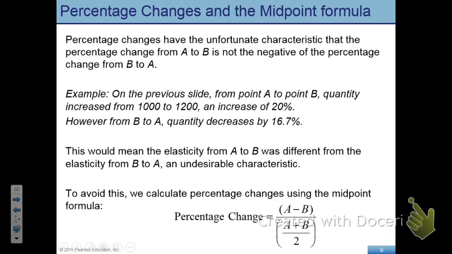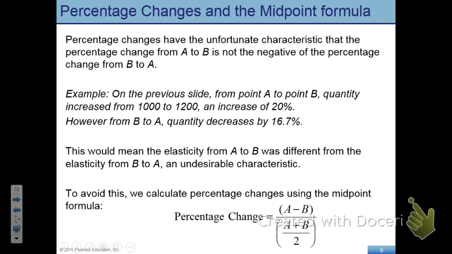The only difference in the midpoint formula is that when you calculate percentage change, you find the new value and the old value, but in the denominator you take the average of the new value and the old value. Notice how this is different from what we have been doing. We have been calculating changes by taking the new value, subtracting the old value, and dividing by the old value.